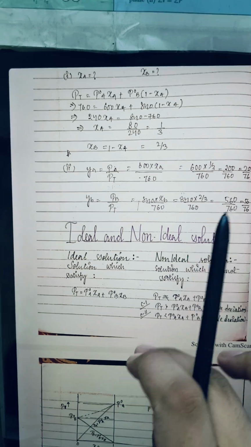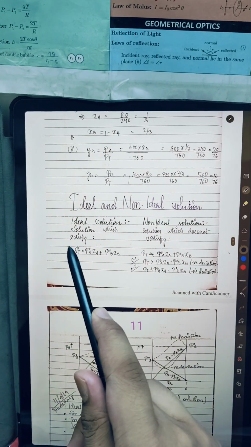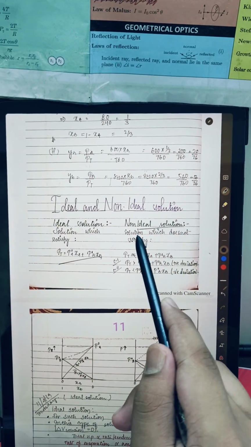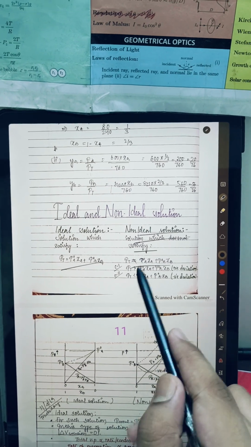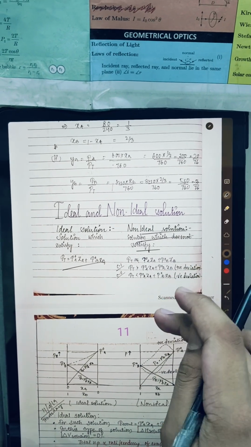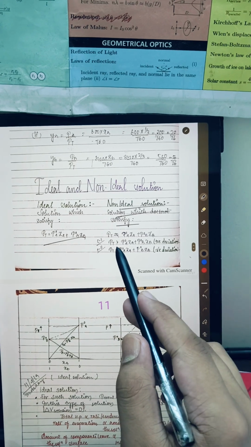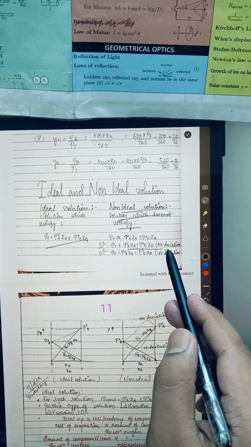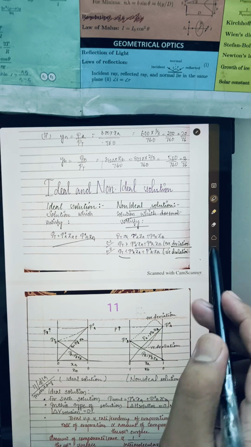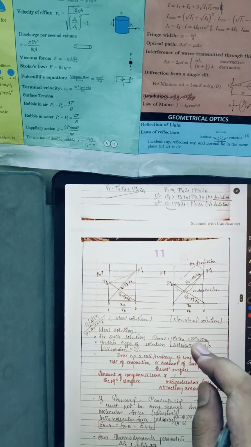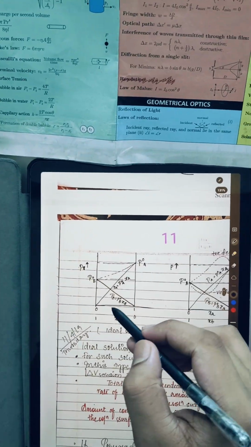Next is ideal and non-ideal solution. An ideal solution satisfies this relation, a non-ideal solution doesn't. There are two cases: Pt is greater than expected for positive deviation and smaller for negative deviation. So basically we have done this graph with Pb naught and Pa naught.